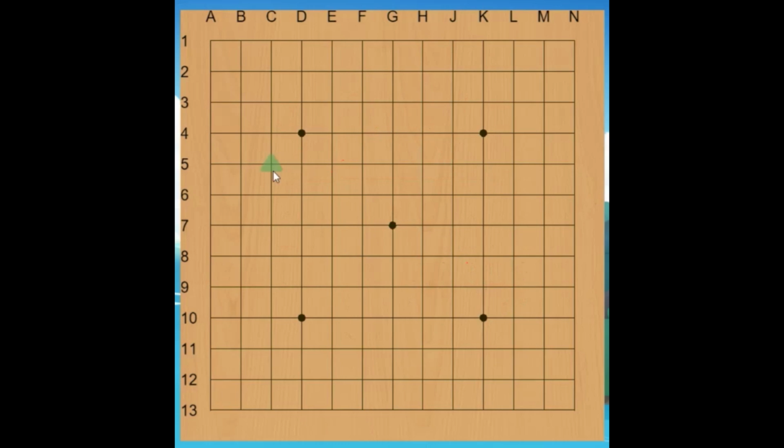In beginner lessons, you learned common eye shapes with 2 to 5 points: straight 3, bent 3, and the basic 4 and 5-point shapes.